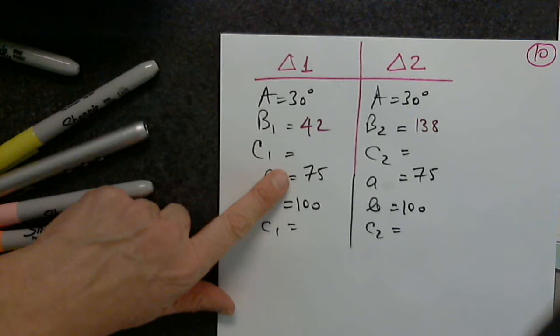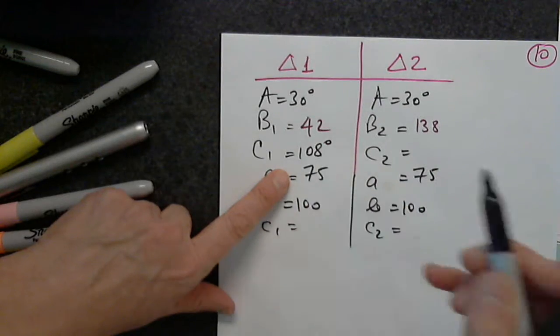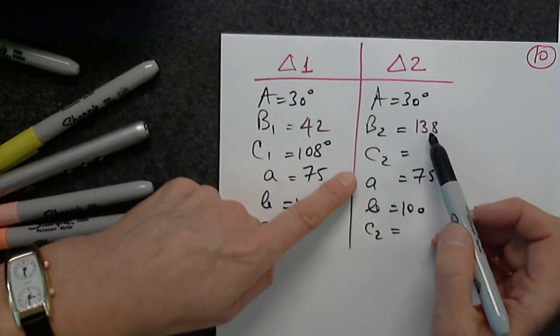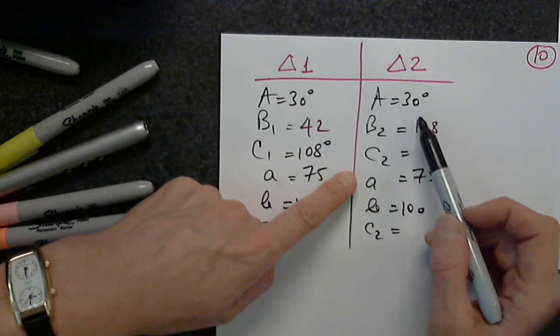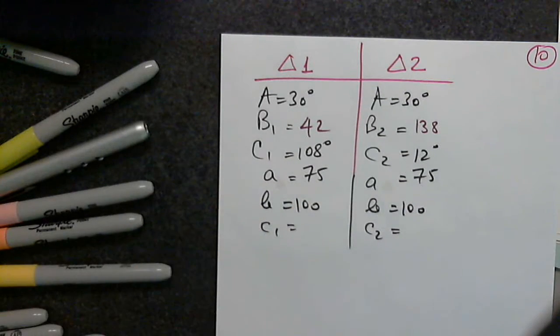C1, very good. And C2, so this is 168, so this is 12. Very good.